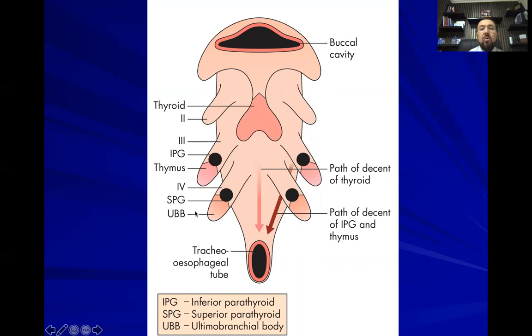Also, the combination between the inferior parathyroid gland as well as the thymus means that they will descend together. So sometimes at the root of the neck, this dissociation between the inferior parathyroid gland and the thymus does not happen, and the thymus, as if, drags the inferior parathyroid gland with it into the superior mediastinum, making it ectopic.